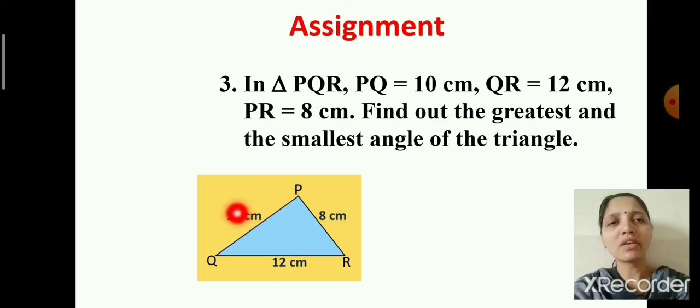PQ is given as 10 cm, PR is given as 8 cm and QR is given as 12 cm. And you have to find the greatest and smallest angle of this triangle. So by using the property of inequality of sides and angles, you can solve this sum. This is the sum from practice set 3.4, third sum. So you have to solve this sum.